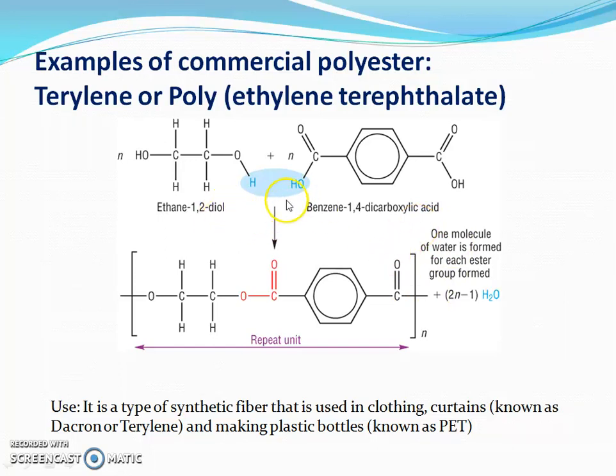There will be a removal of the water molecule, and thereby the repeat unit is shown over here. And this terylene also is known as the brand name Dacron, and it is a synthetic fiber that is used for making curtains, clothing, etc. And also this is used to make the plastic bottles, and in that case it is known as the PET.